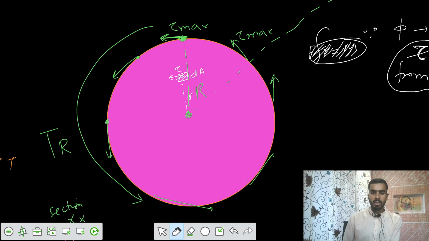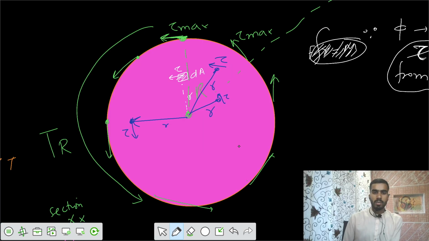Now, if you take any element at a distance of R, the direction of tau would be in this direction. If you take any element at a point at a radius of R, the direction of tau would be tangential to that point.